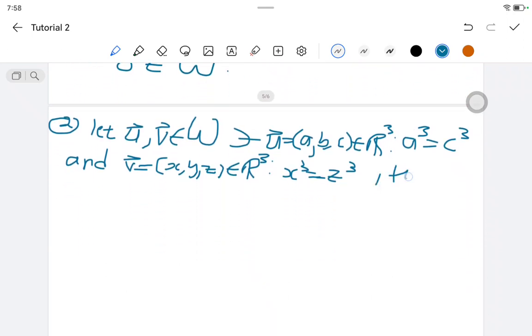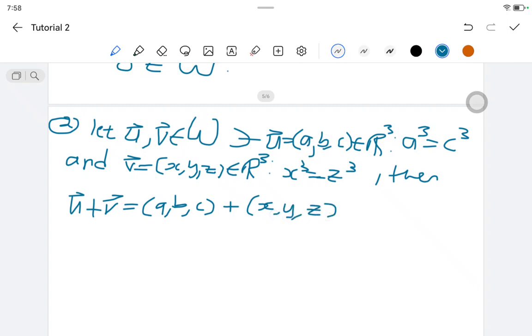Then u plus v is equal to (a, b, c) plus (x, y, z), which will be equal to, as usual, a plus x, b plus y, c plus z.